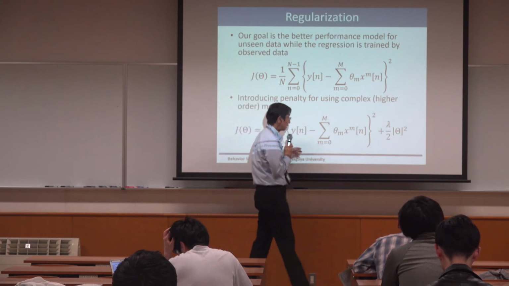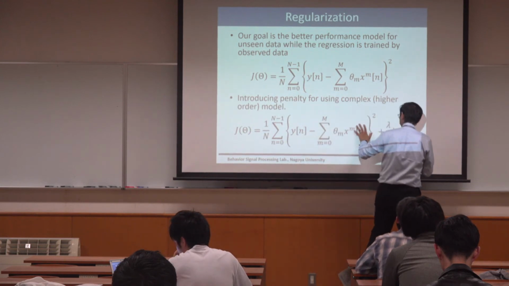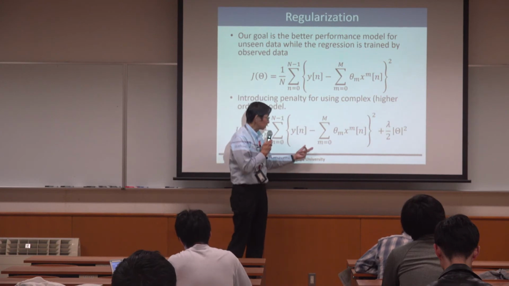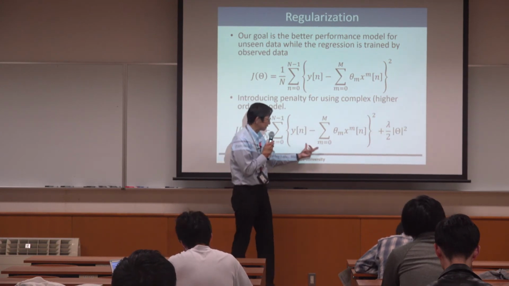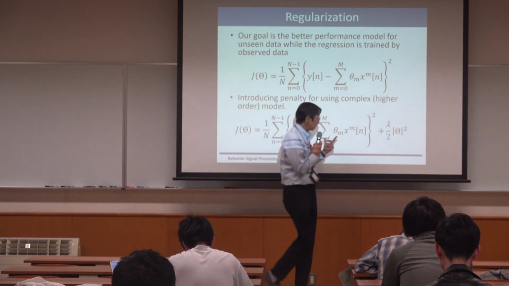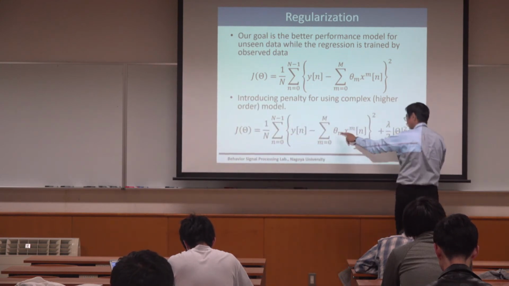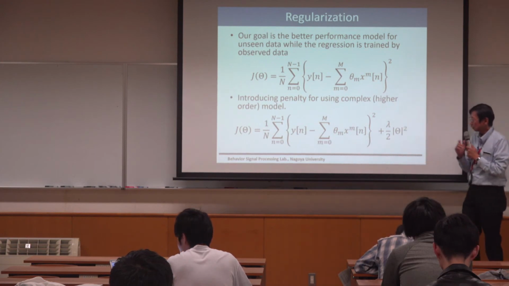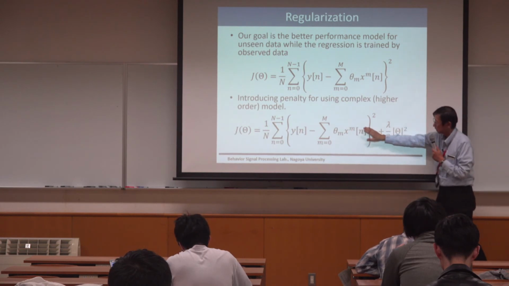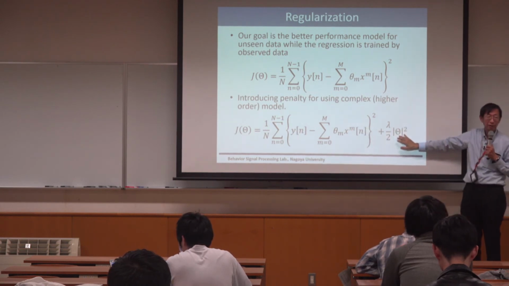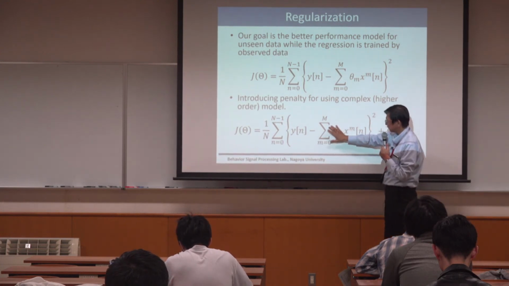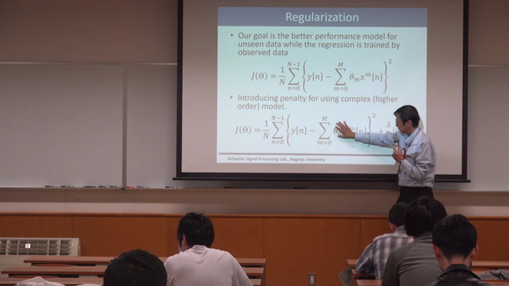For instance, what we defined as error is the discrepancy between the real data and the estimated data, squared and summed. There's no regulation on the theta value. When you add this term to this error value, then what happens? Of course, the system tries to decrease the value of this error.